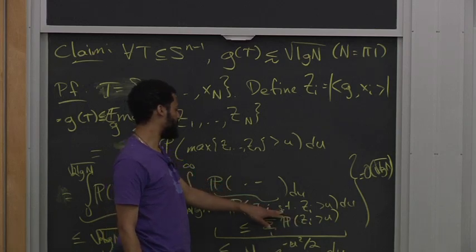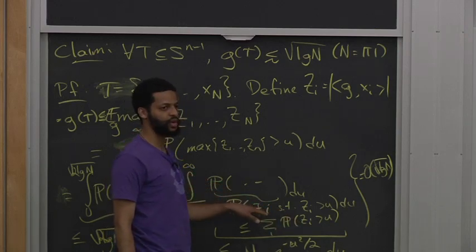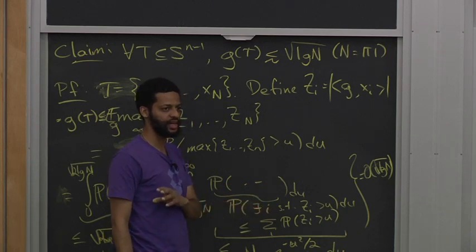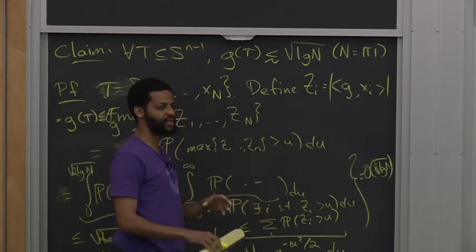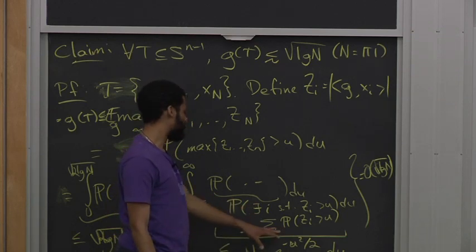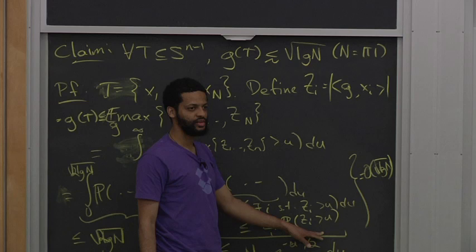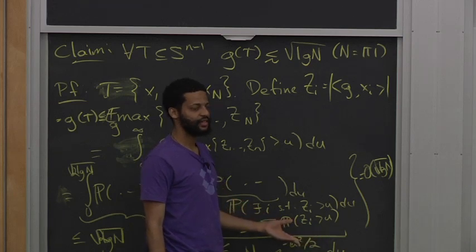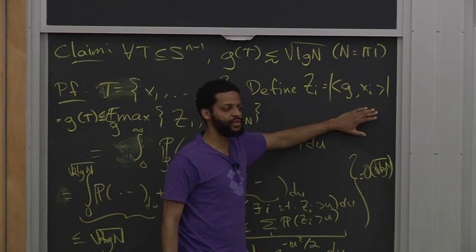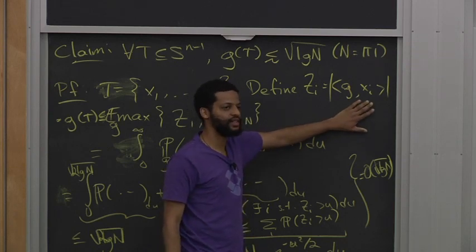And that means that either it's the probability that z1 is bigger than u, or z2 is bigger than u, or z3 is bigger than u, etc. And the probability of a bunch of ors is at most the sum of the probabilities by a union bound. And the probability that zi is bigger than u, well, what is zi? Zi is g dot xi. But if you take a Gaussian dot with a fixed vector, it's a Gaussian, right?